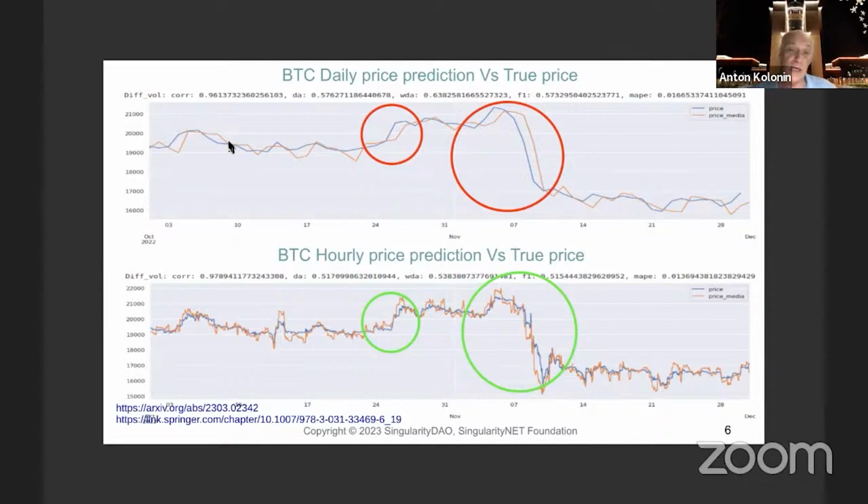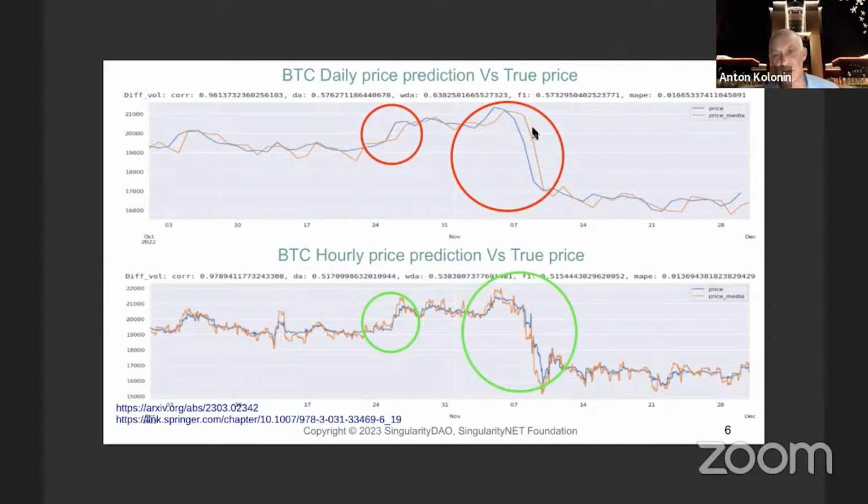So given about 4,000 signals, we are able to make somewhat accurate price predictions. On the plot here, you can see that if we use 1 day prediction interval, the predictions are not quite accurate. So the price prediction line in orange is generally following the ground truth price, which is blue.